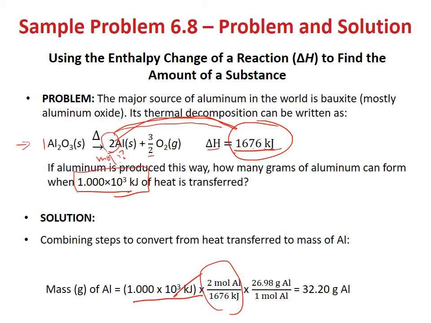So kilojoule cancel, giving you moles of aluminum. And then use the molar mass. So 1 mole of aluminum is 26.98 grams of aluminum. So moles cancel, giving you grams. The final answer is 32.2 grams of aluminum.